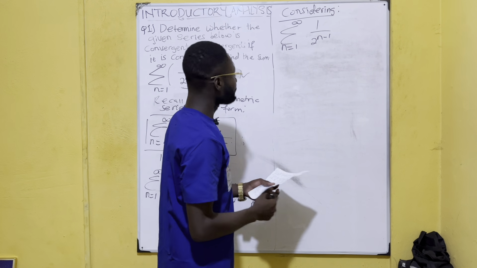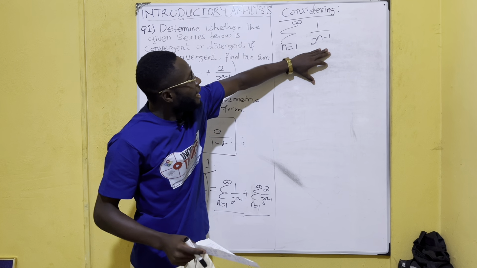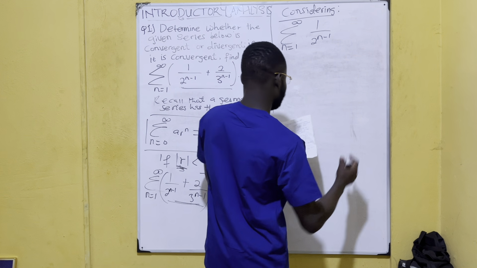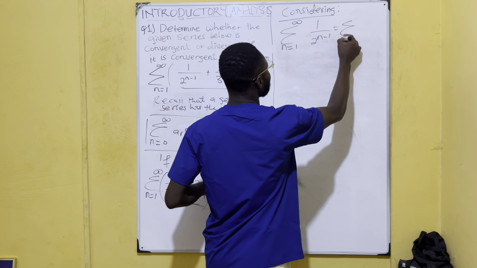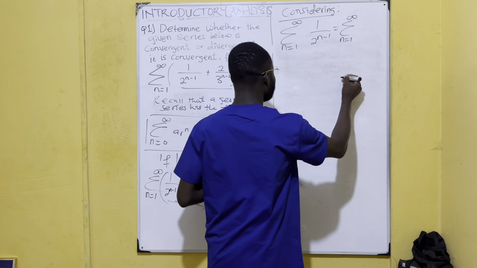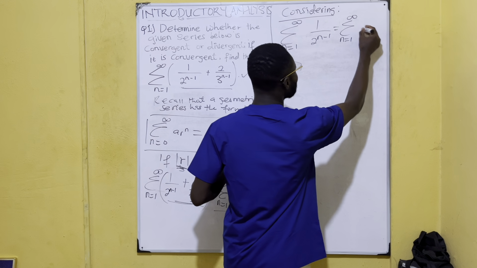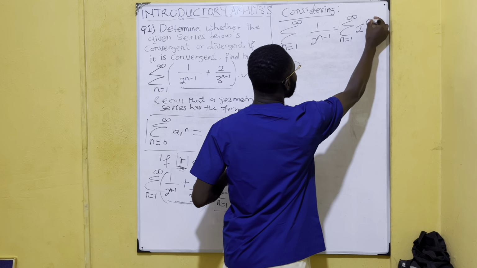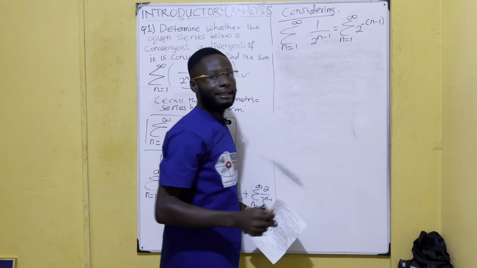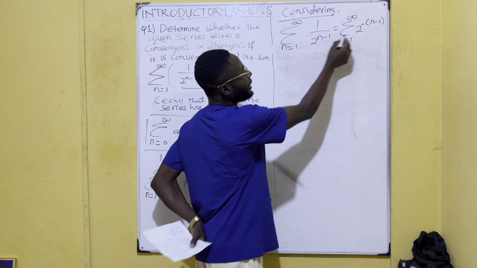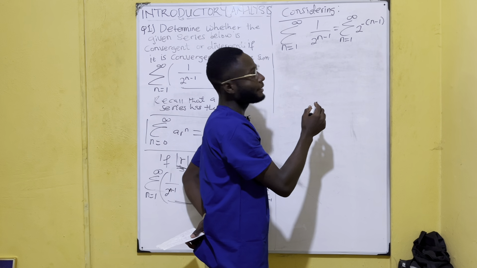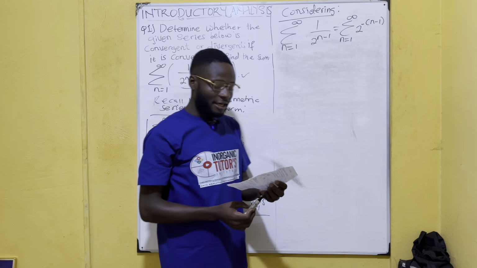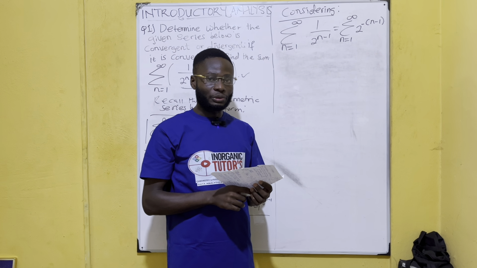First of all, we know that what we have right here is the same as the summation from n equals 1 to infinity of 2 to the power negative (n minus 1). This can be expressed as this, so once we know that, we can go ahead and do the necessary.